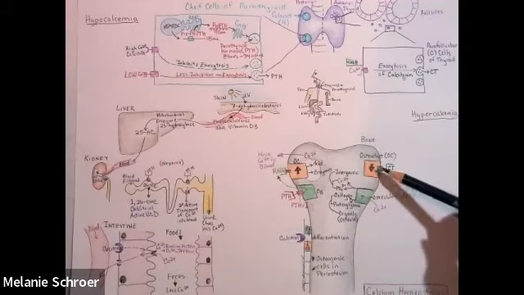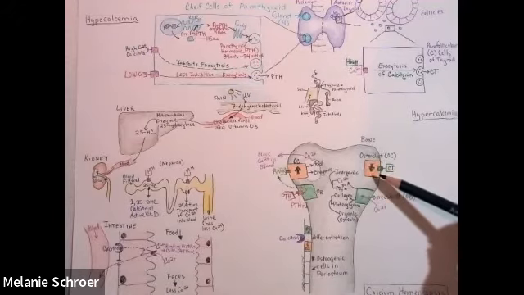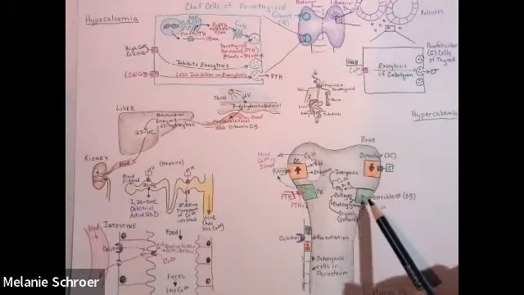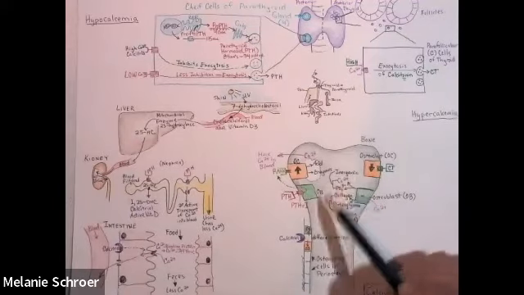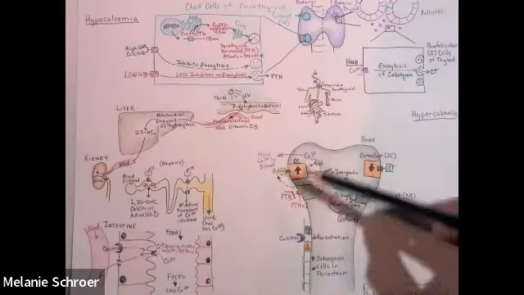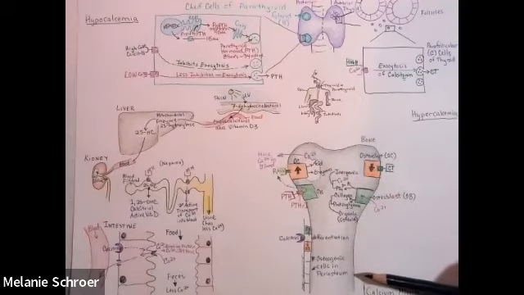Calcitonin binds to its receptors on the osteoclasts and essentially inhibits them. And so it's inhibiting the breaking down part of this process, and the osteoblasts are going to proceed on as usual. So they are going to continue to take calcium out of the blood, deposit it into the bones, and therefore strengthen the existing bone tissue.